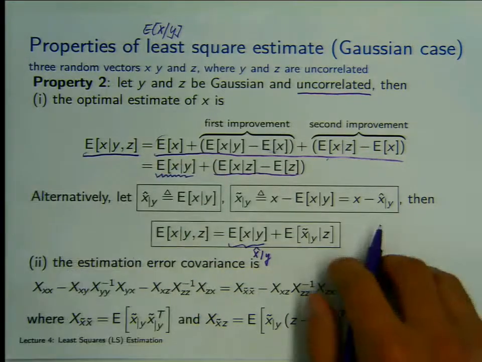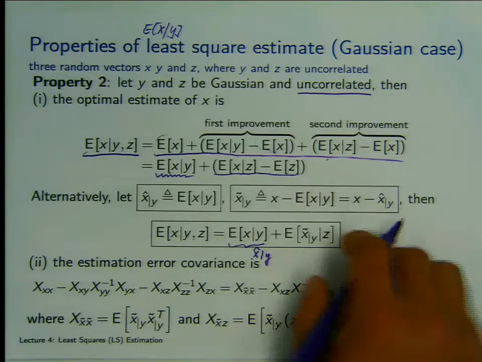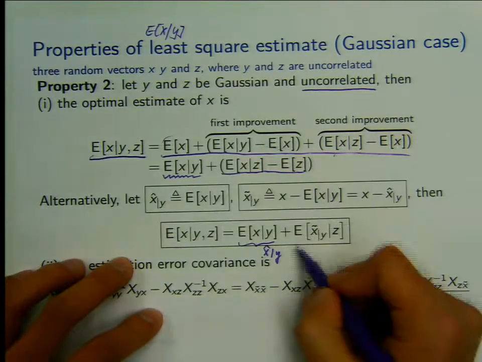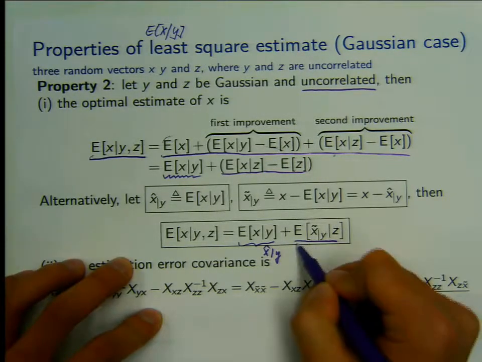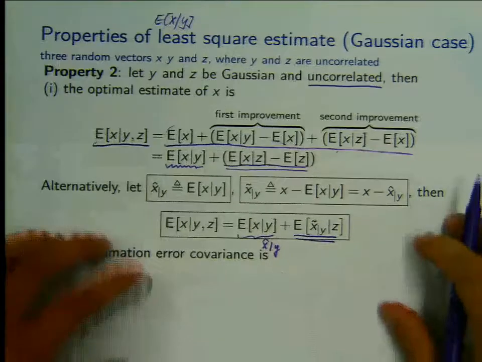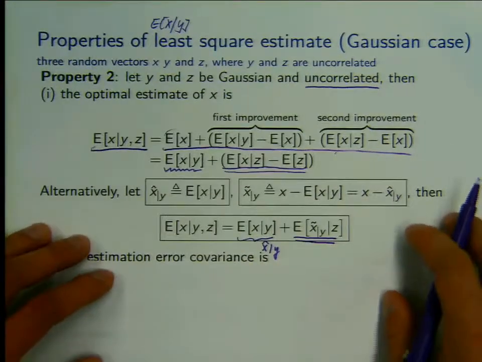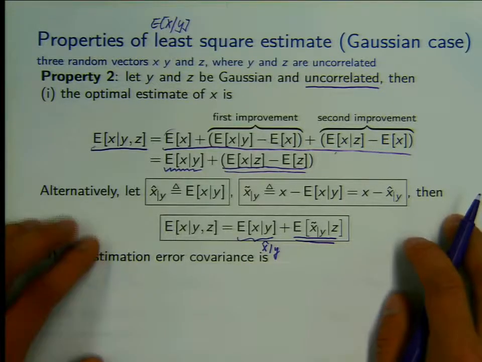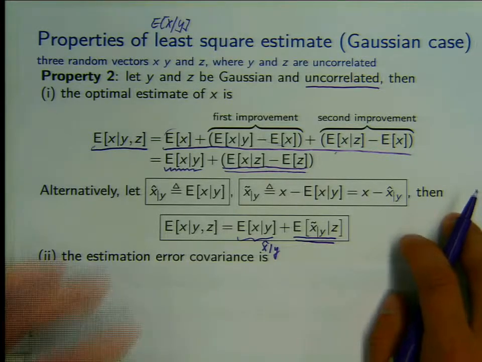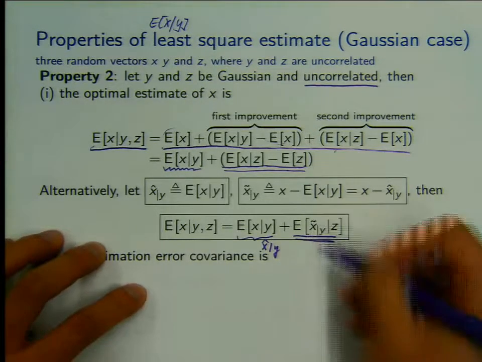This requires a little bit of derivation, so let me be careful. This term is equal to this term. Okay, let me show you the proof of why this is equal to this.